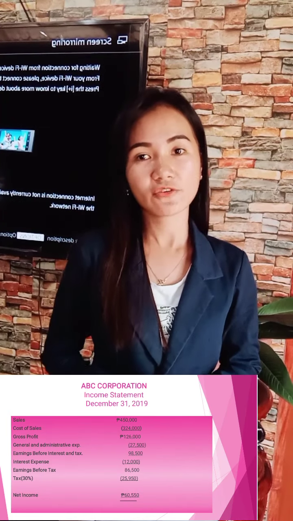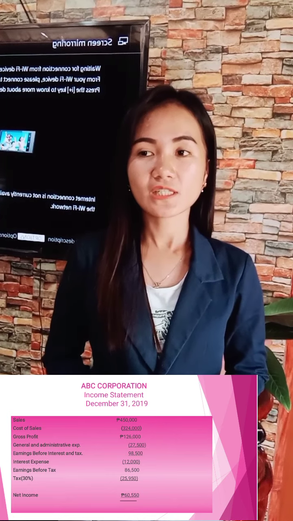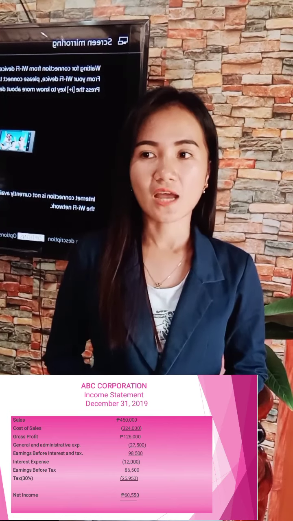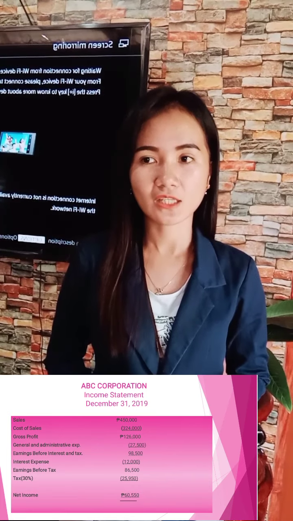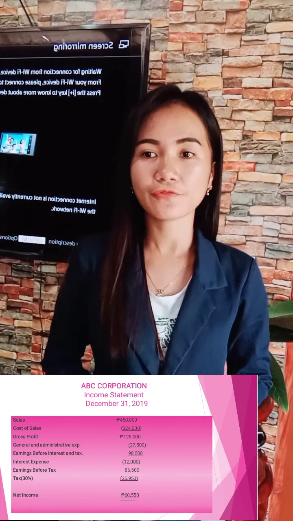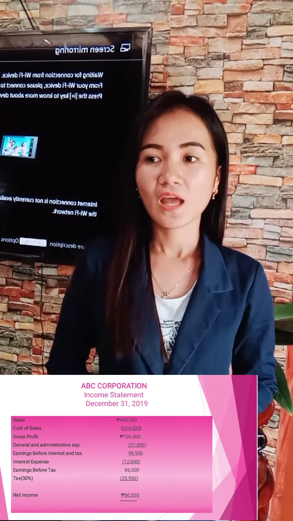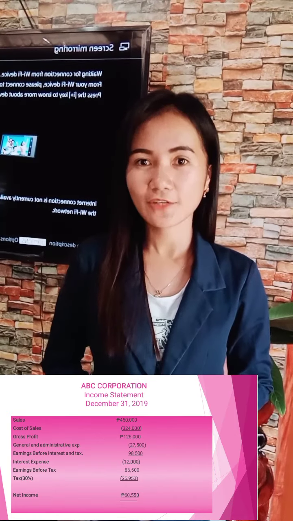Earnings before interest and tax 98,500. Interest expense 12,000. Earnings before tax 86,500. Tax at 30%, 25,950. And the net income is 60,550.